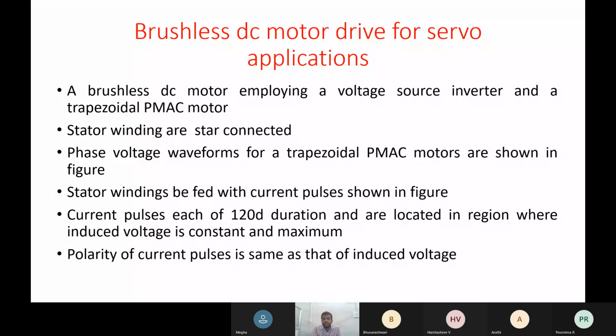The polarity of the current pulses is the same as that of the induced voltages. If you are using positive pulses, the phase voltage will be positive and the current pulses will be positive. Similarly, if you use negative polarity, the induced voltage will be supplied with the negative terminal, and similarly the current pulses will be negative.